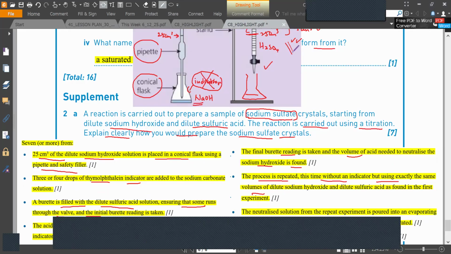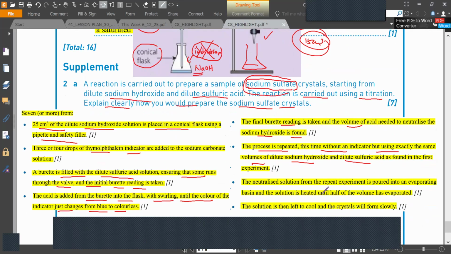We already know we need 15 cm cube, so we repeat without the indicator and get our product, sodium sulfate, using exactly the same volume of sodium hydroxide and dilute sulfuric acid.